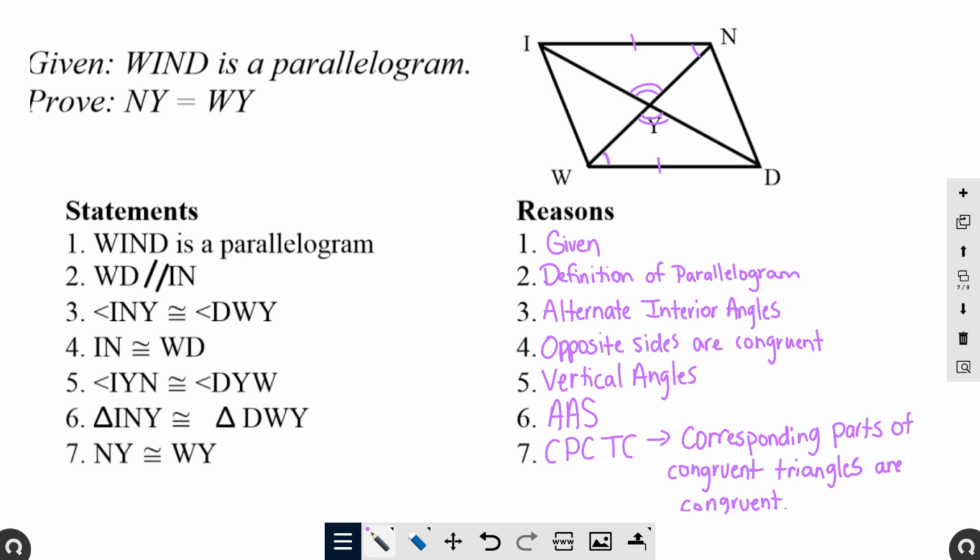That's what that means. If you don't remember the 5 letters, you can just say it in words. Since the triangles are congruent, their parts are congruent. I had another proof, but we don't have time for it, so I will show you guys that later.